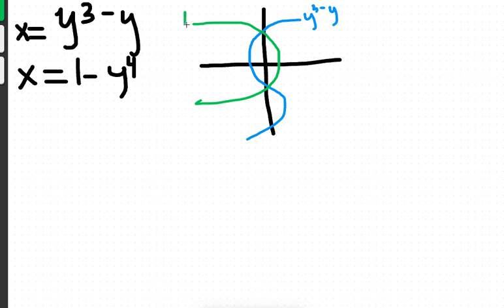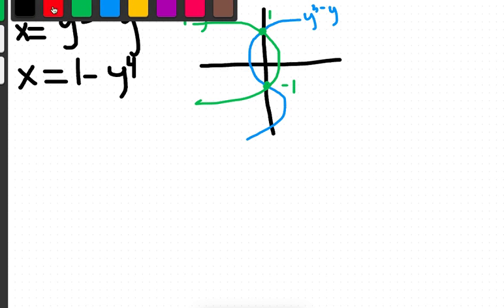So this is the 1 minus y to the 4, and you can see this is an inverse. It's like 1 minus x to the 4, but the inverse function. So you also have to set both equations equal to 0, find their roots, and you will see the intersection points are at -1 and 1 along the y-axis.